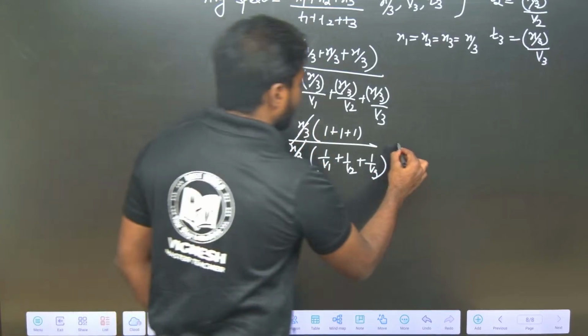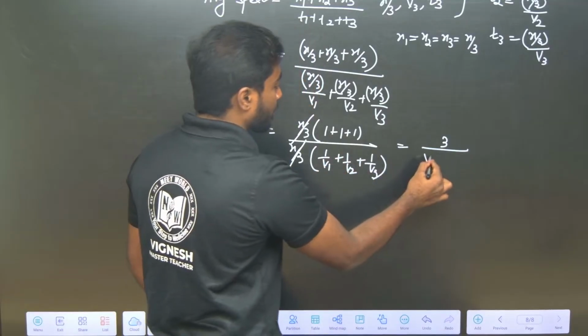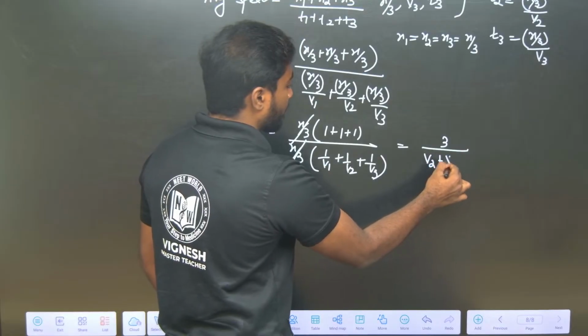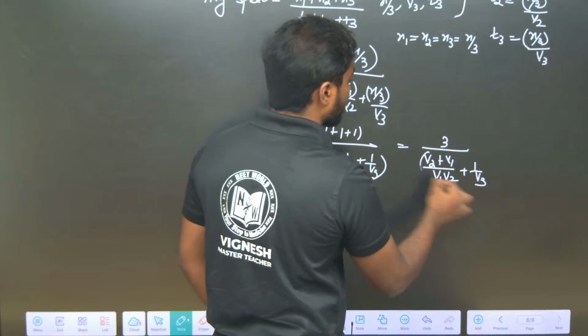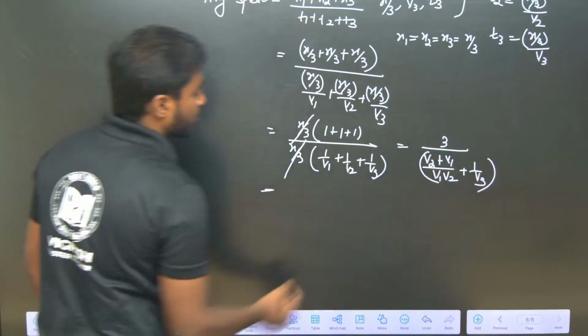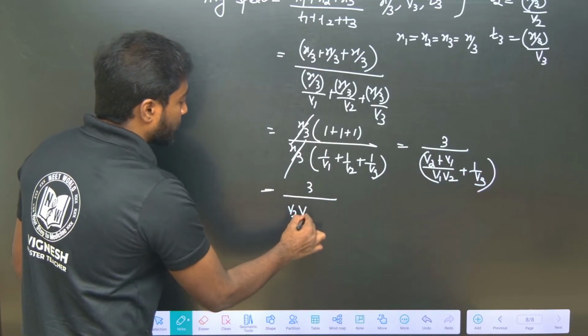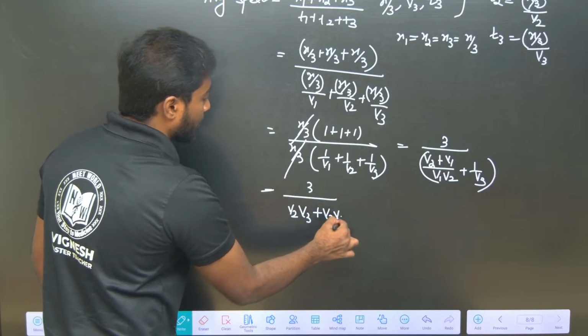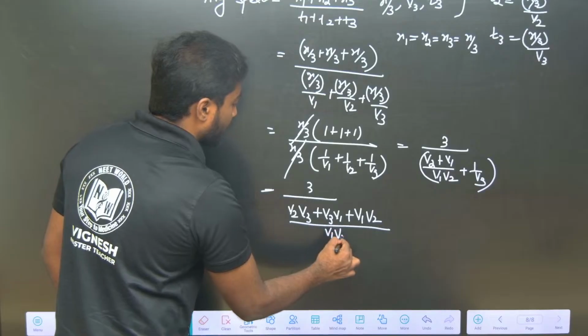So, I can write 3 by, first I will cross multiply these two, V2 plus V1 by V1 V2, plus 1 by V3. Then I will cross multiply this one now. So, 3 by V2 V3 plus V3 V1 plus V1 V2, divided by V1 V2 V3.